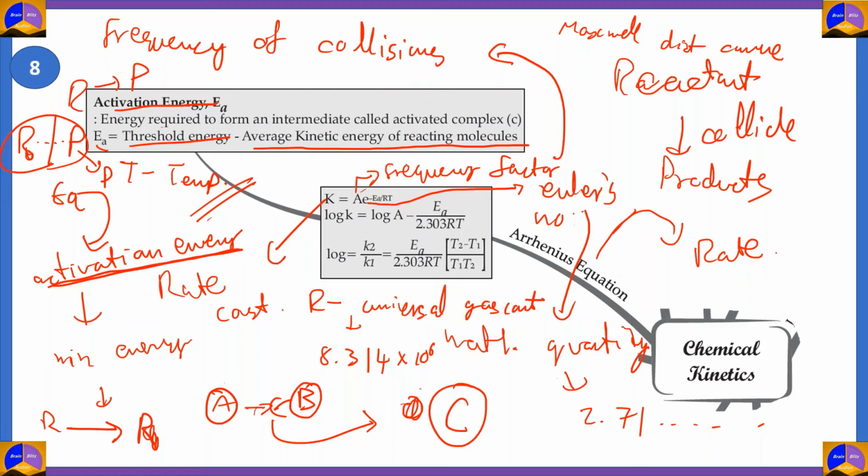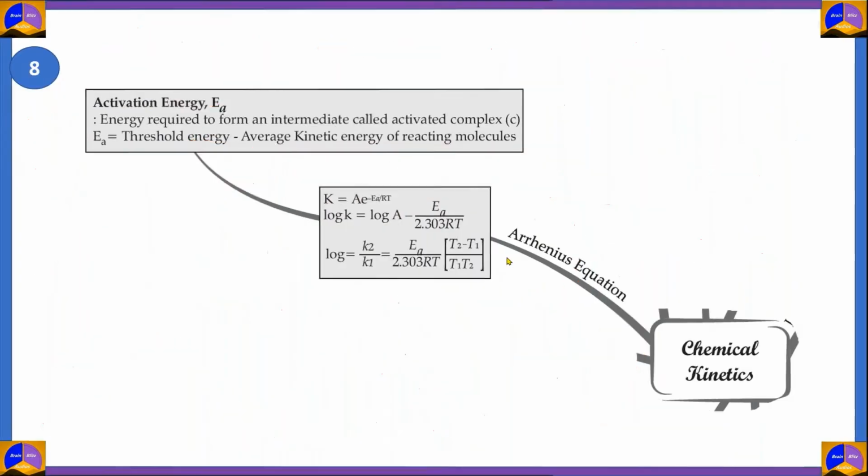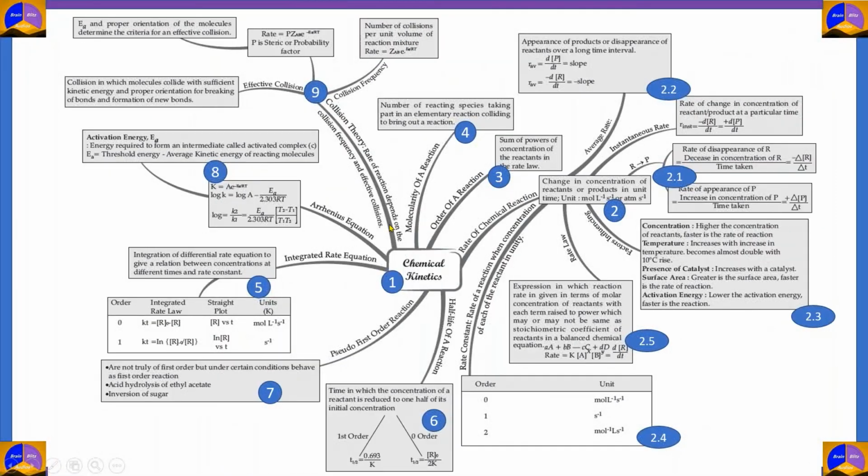So it finds out the maximum number of molecules undergoing which kinetic energy, and they use that as the average kinetic energy. And the threshold energy is the energy at which the reactants start converting into this activated complex. So this is all in all about the Arrhenius equation.